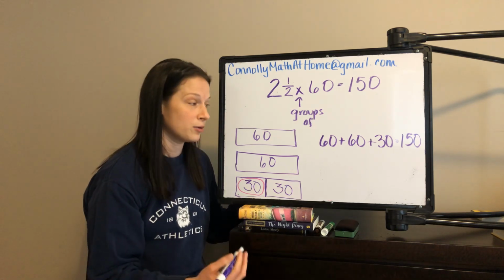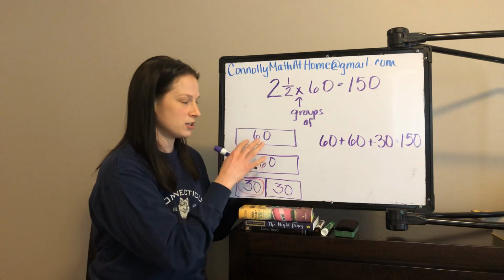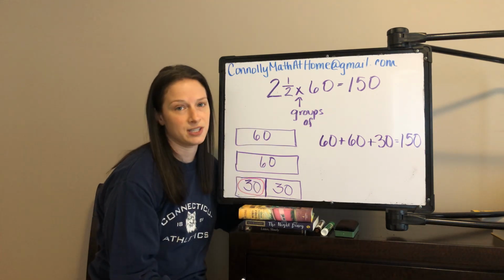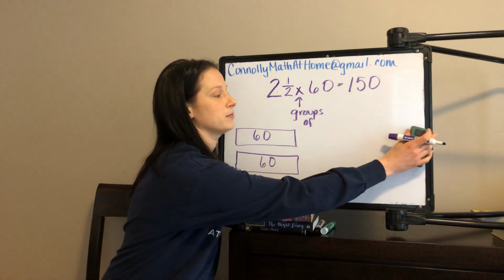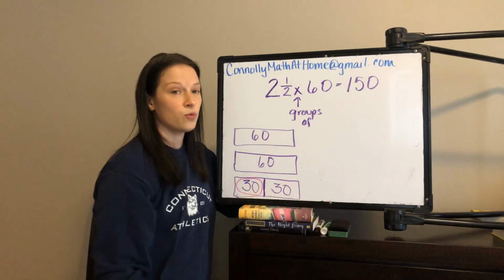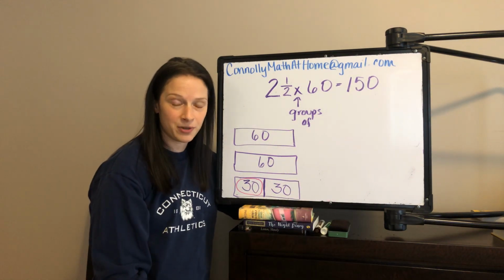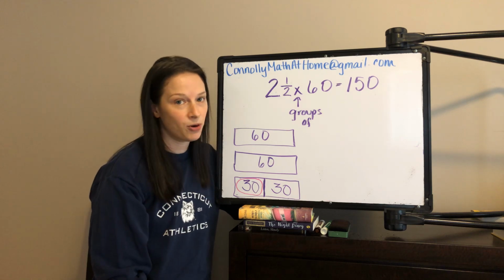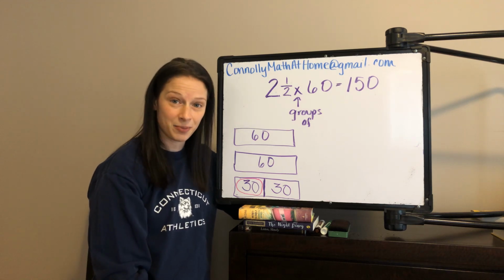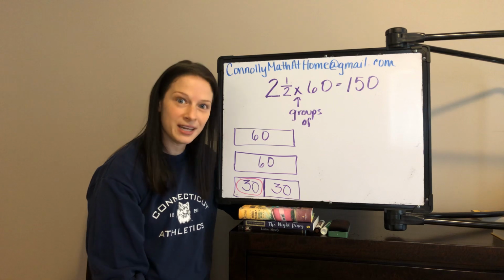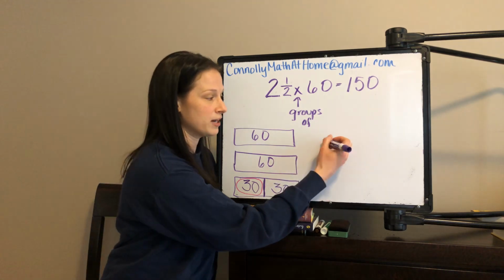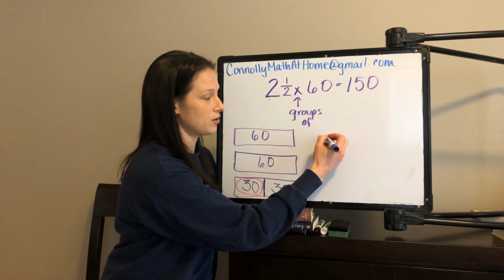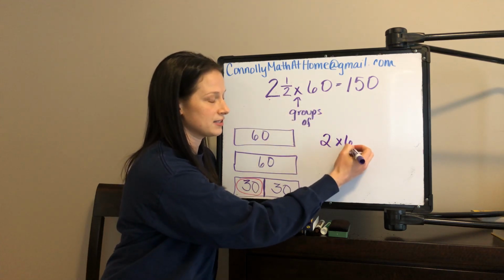Okay? So, what if you didn't want to draw these fraction bar representations for the wholes? Well, let me show you what you could think about. When you're multiplying whole numbers, sometimes you keep one number whole and you split up the other number. So we can do that with mixed numbers. One thing that you might want to do is start with 2 groups of 60.